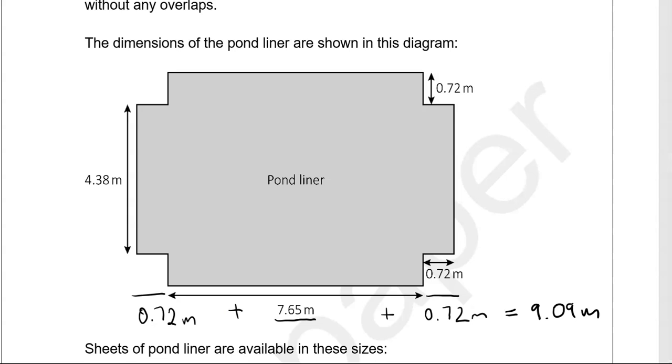Looking at the width, we've got 4.38, but we've got to add this length here, which is 0.72, and we've got to do the same on the other side. So adding them gives us 5.82 meters.